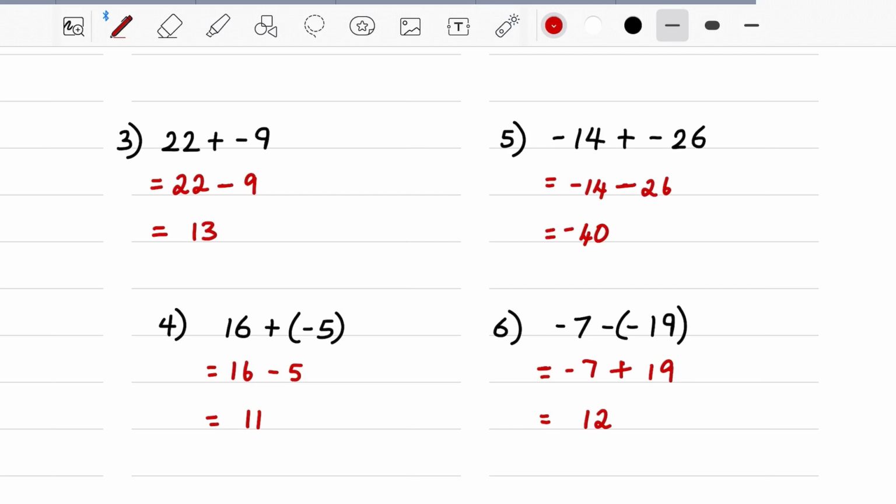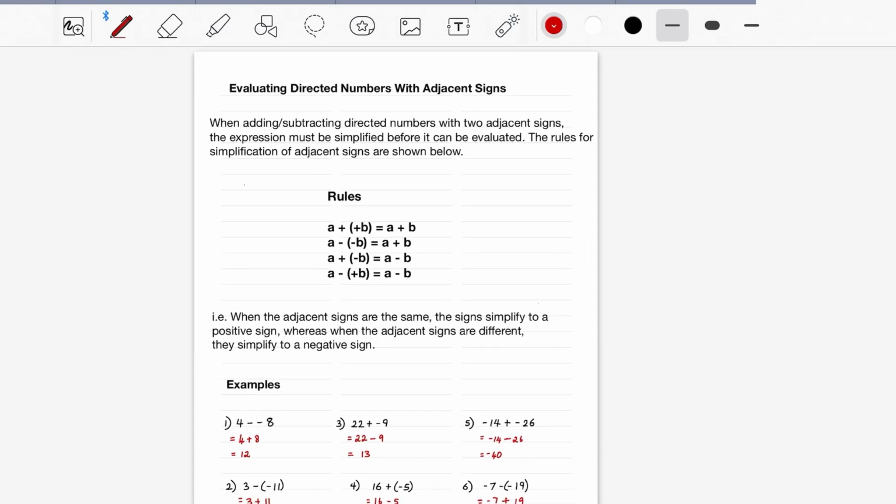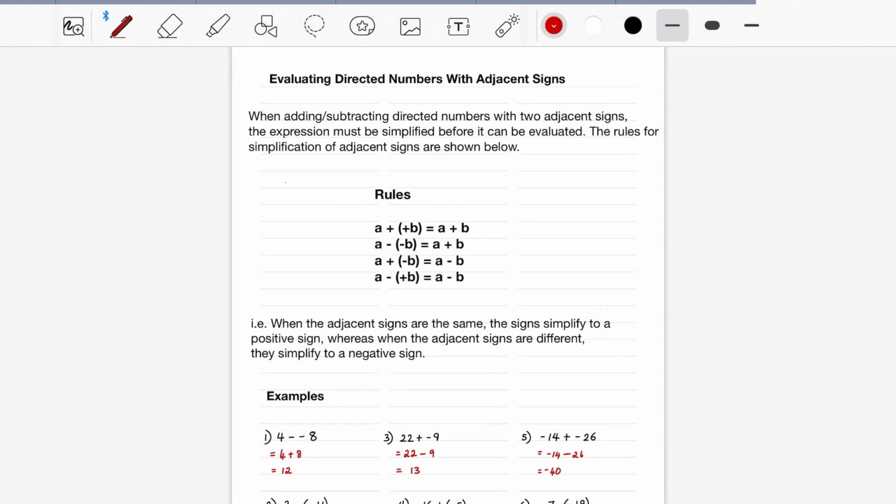And those are your examples for evaluating directed numbers with adjacent signs. If you realize, it is really just one extra step before you evaluate them as you would have been doing before. We just need to simplify the signs that are adjacent before we add and subtract our directed numbers.